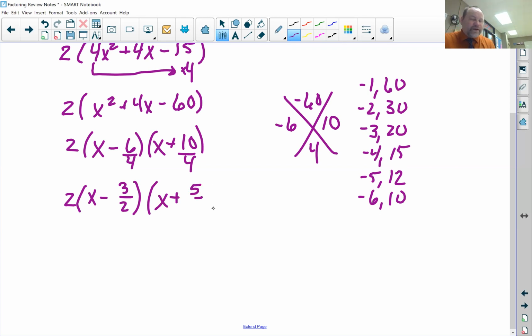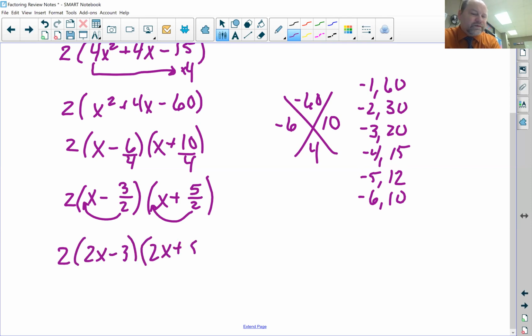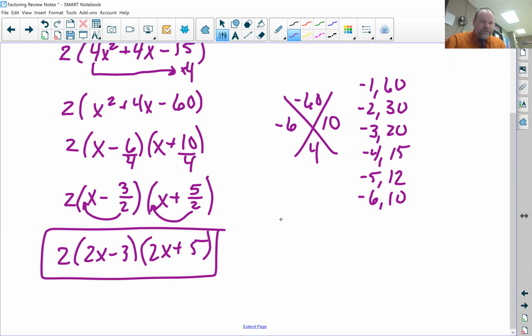So reduce those fractions, otherwise you're not going to get the correct answer. And then we bring the 2 up front. And we get our factored answer, our final answer in factored form.